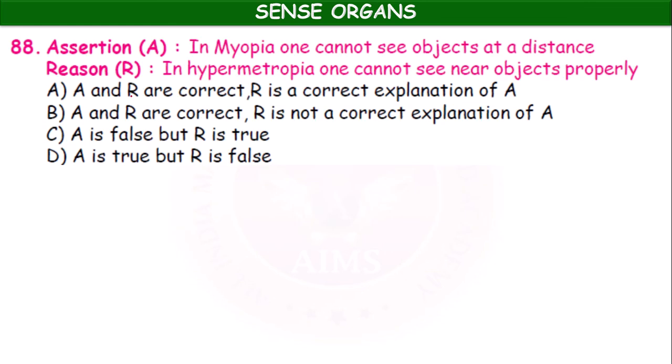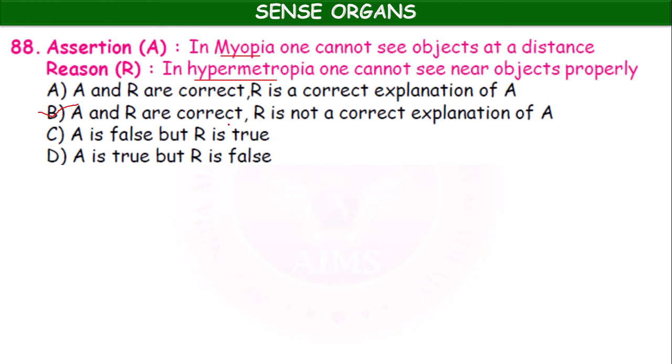Next, assertion reason type question. Assertion: in myopia one cannot see objects at a distance. Reason: in hypermetropia one cannot see near objects properly. Here assertion and reason both are correct, but reason is not a correct explanation of assertion, because assertion is about myopia and reason is about hypermetropia.